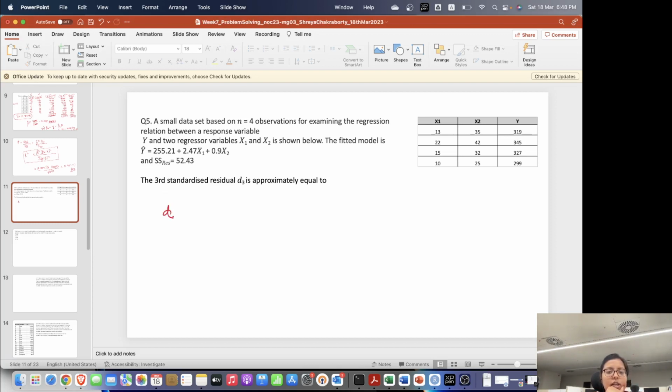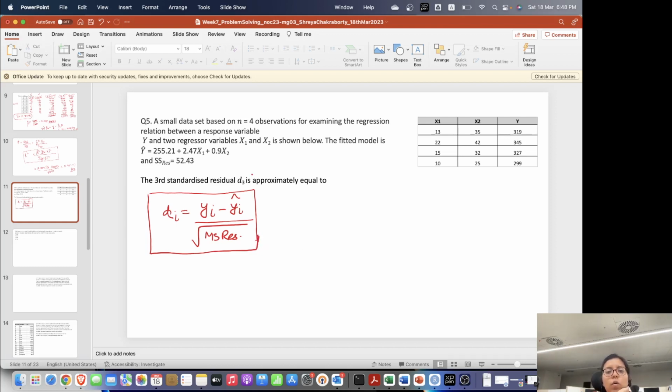So if I denote this by di, then it is actually the observed value of the response minus the predicted value of the response divided by root mean of sum of squares. Okay, so this is the formula for calculating standardized residuals.